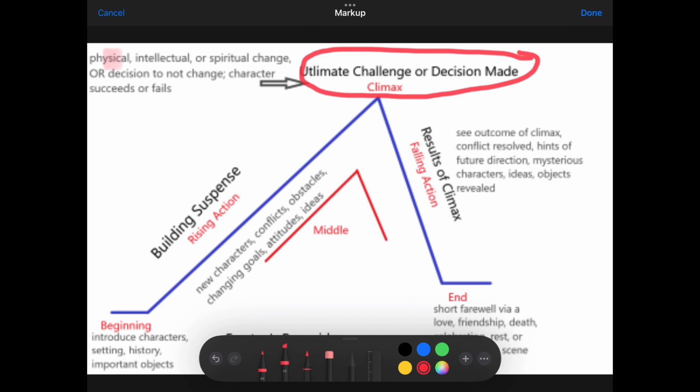This is going to be decisions they make that could be good or bad for the storyline or for their character. And this is the point where you really want to snatch your readers in so they're interested until the end. Again, we're not giving anything away, but we're snatching them in so that they can read until the end.